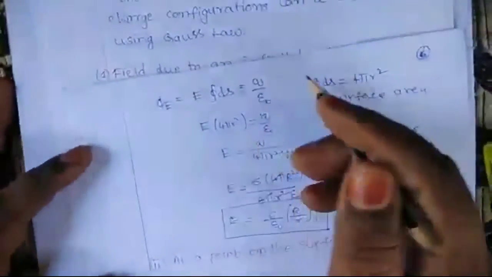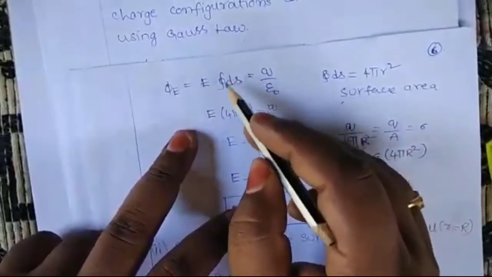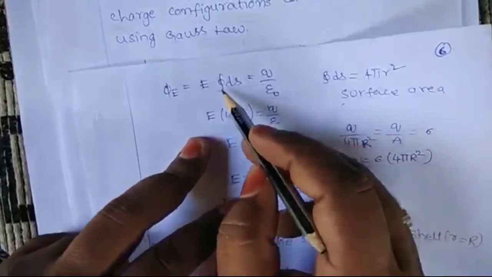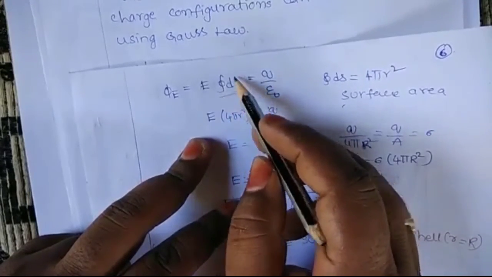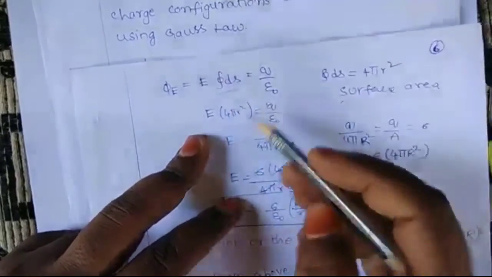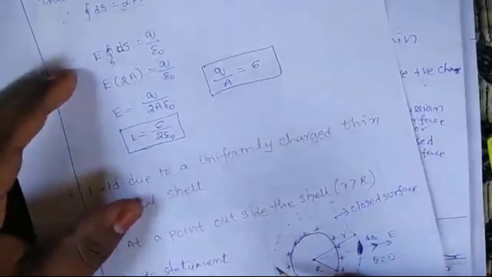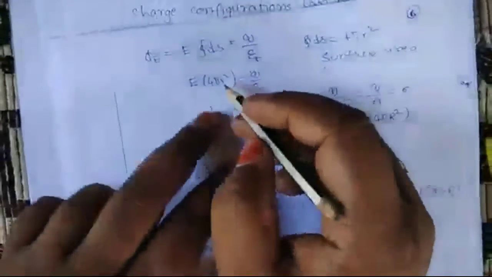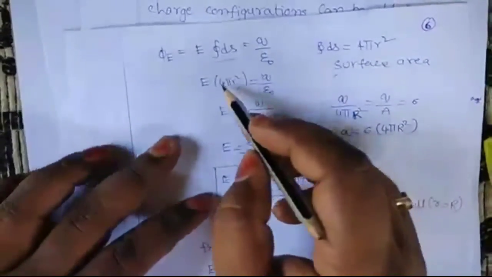So according to the statement, phi is equal to E times the integral of dS, which is equal to q by epsilon naught. Here the integral of dS means the surface area of the Gaussian surface. The surface area of the Gaussian surface is 4 pi r square, where r is the radius of the Gaussian surface.